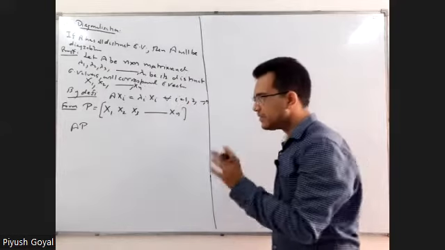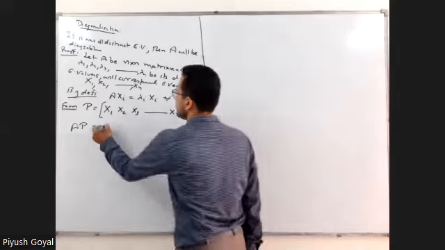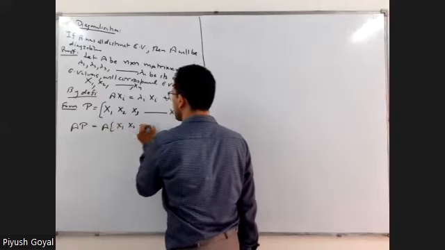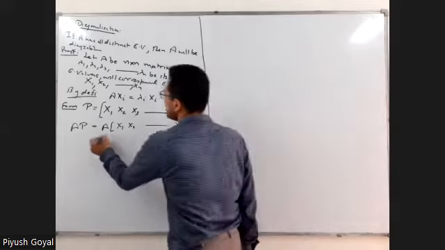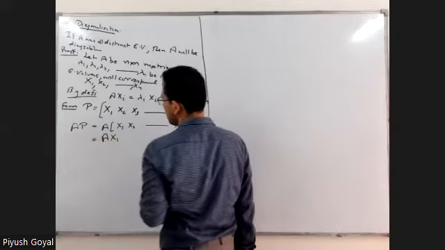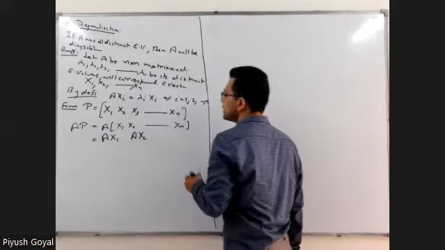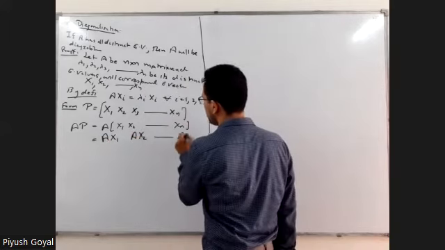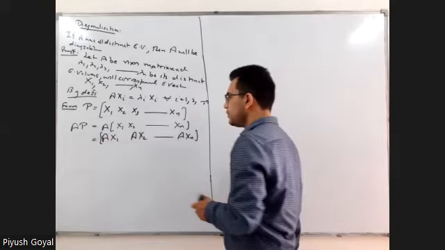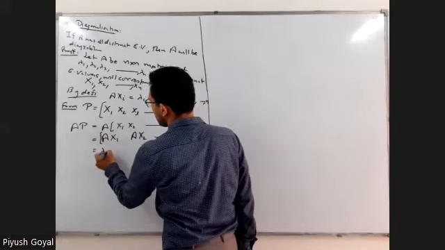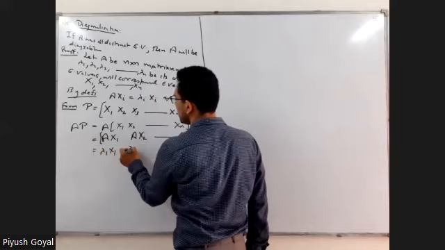If I multiply A with P, it becomes A into x1, x2 up to xn. And how is the matrix multiplied? This A will be multiplied with the first column, with the second column, up to the nth column. Then you know this is lambda 1 x1, this is lambda 2 x2, up to lambda n xn.